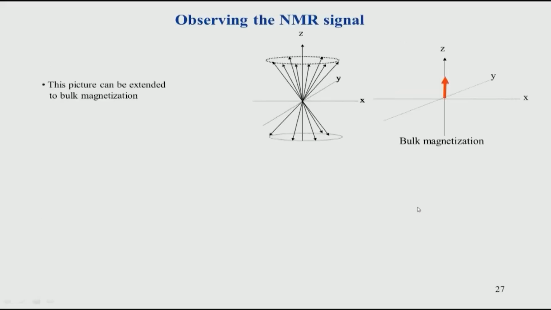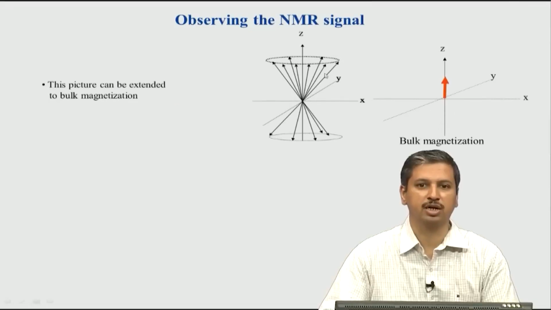Now, this is what happens to the bulk magnetization. What I showed you earlier was the rotation of the individual spins. When you sum up all the spins together, you end up with a small net vector pointing in the Z direction. Now our RF field, the B1 radiation, is applied along the y axis.